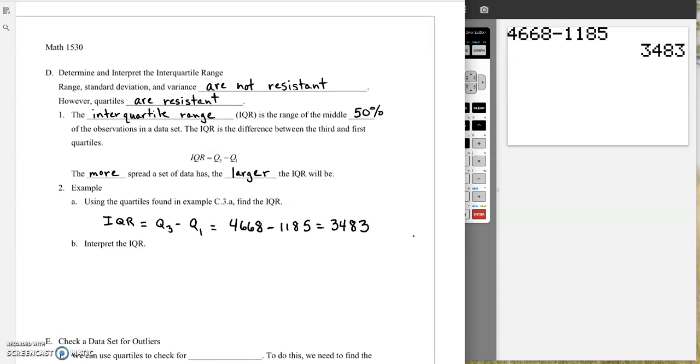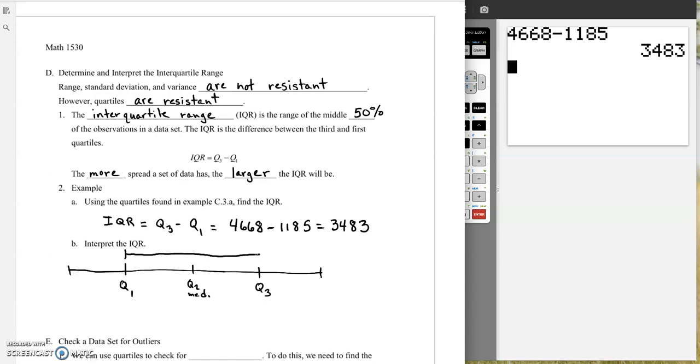So what does that mean? Well, let's draw a picture. Remember, Q2 is in the middle, which is the same as the median. And we have Q3 and Q1. When we say the middle 50%, it is this distance here.